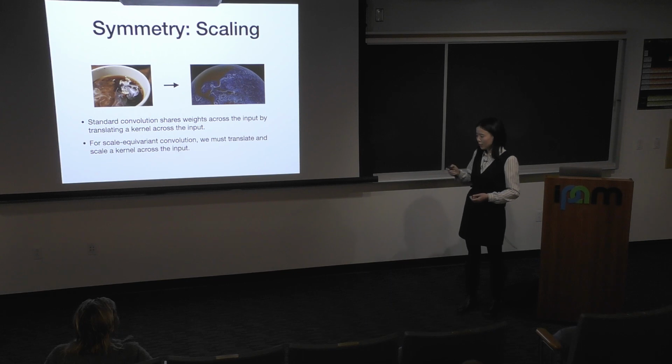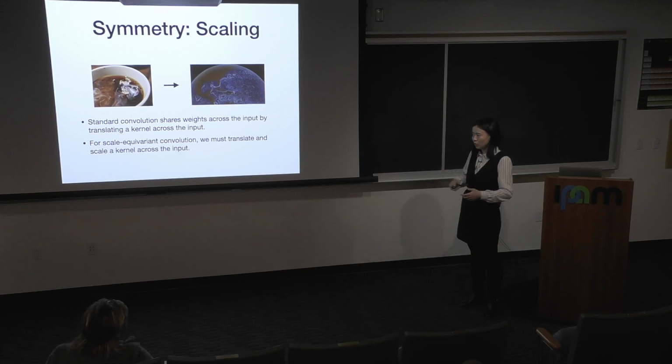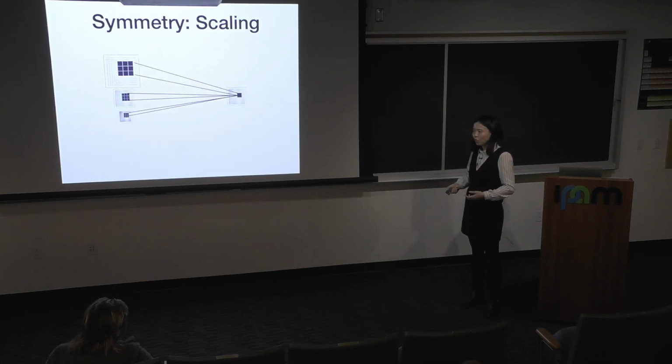So we need to generalize the idea of convolution to other groups like scaling. Similar to how standard convolution shares weights across different positions on the image, for scale equivariant networks we need to scale the kernel at different magnitudes and then allow the weights to be shared across different scales of the kernel.